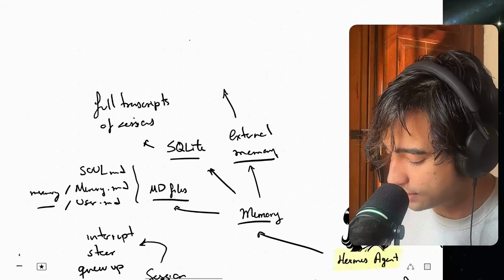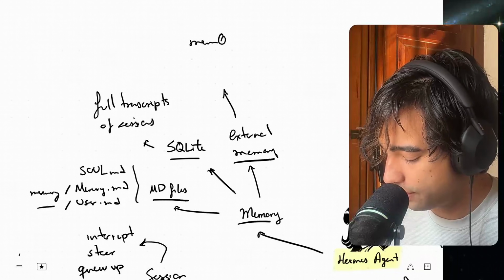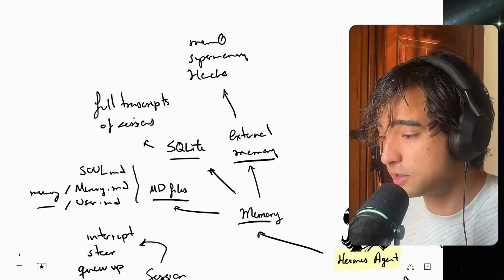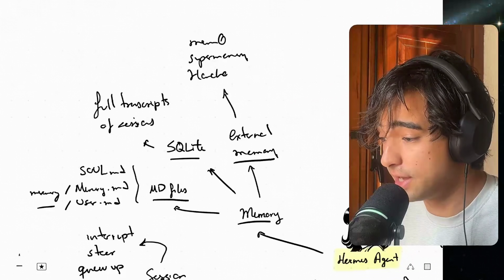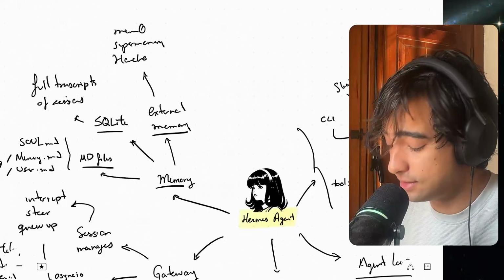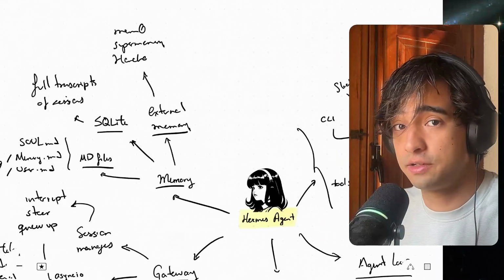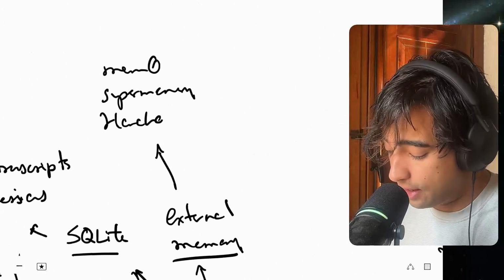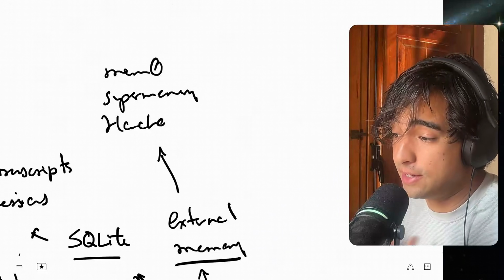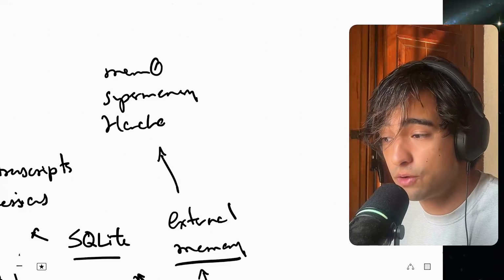For example, Mem0, Supermemory, Honcho, and a lot of different external memory providers that Hermes agent supports. Every single provider works differently, but all of these providers are specialized in providing intelligence or memory for agents.